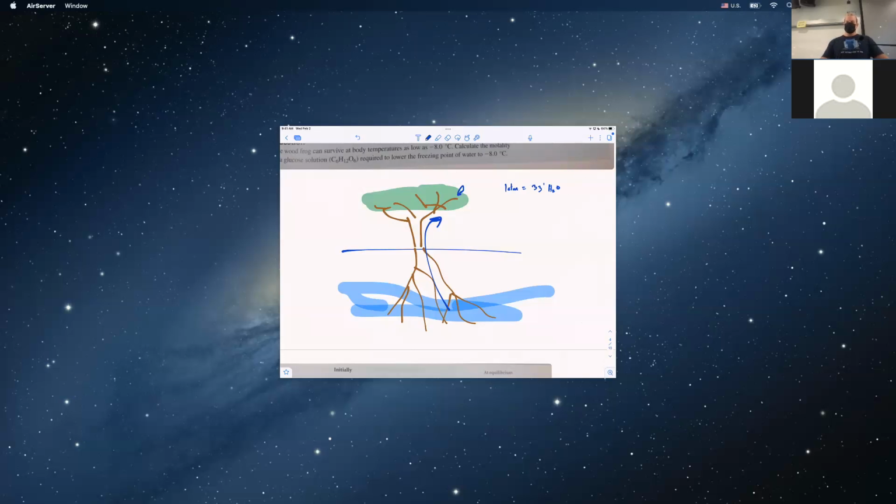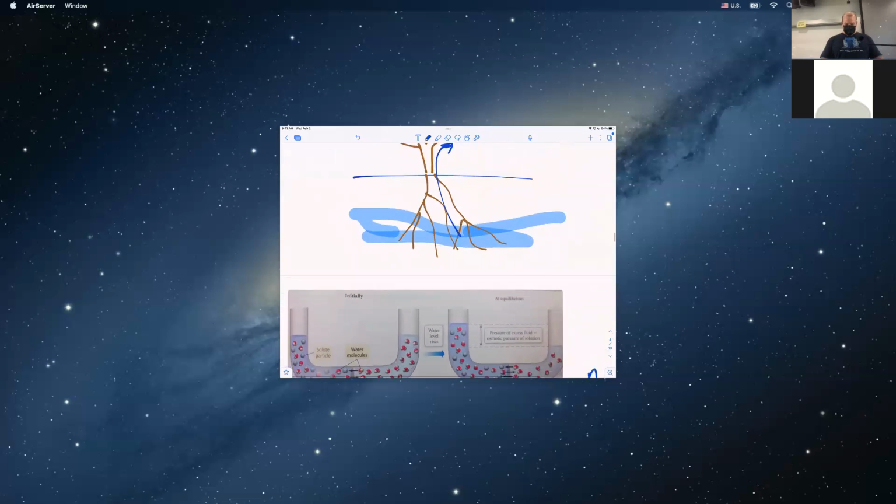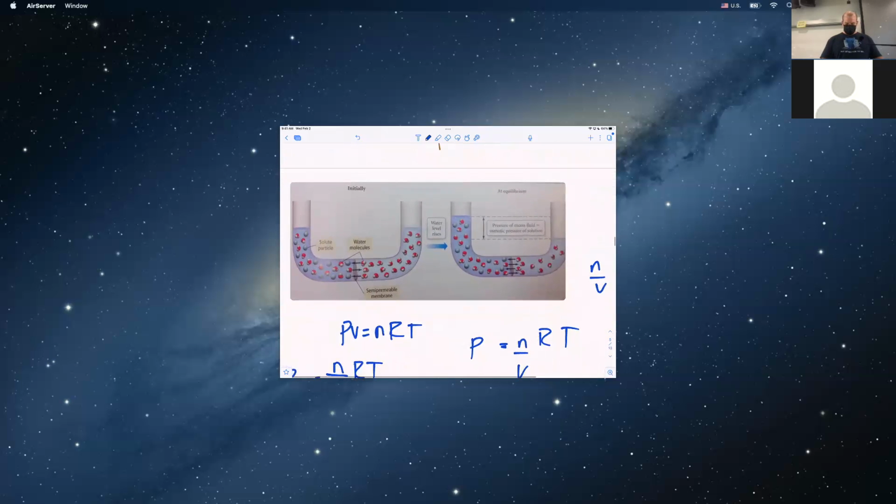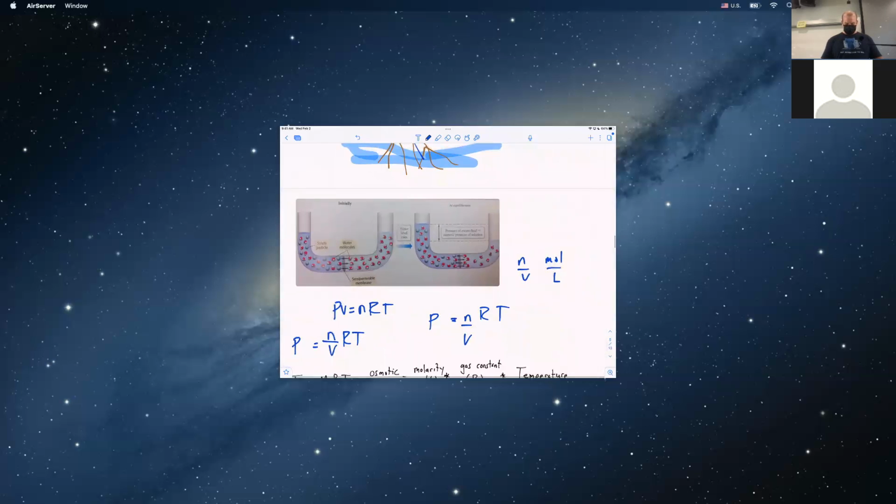That's all they are. Trees just take water from the ground and pump it up to their leaves. I remember that, and I was also watching Planet Earth later, you ever watch that with David Attenborough? It shows all the fog and stuff that the trees were doing. I'm like, oh yeah, that makes sense, because trees are water pumps, duh. But how are they water pumps? Osmotic pressure, specifically. And here's what we mean by osmotic pressure.